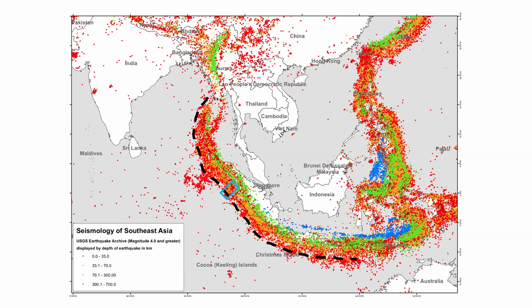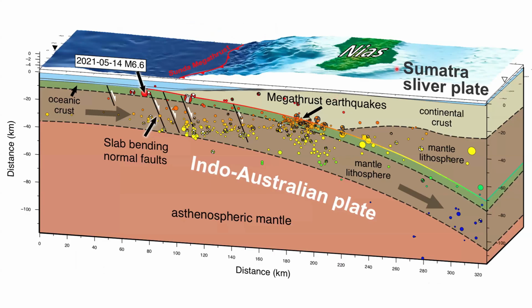I'm going to show you next a little block diagram through the central part of the offshore Sumatra area through my favorite place, Nias Island. This is Nias here on the surface. We can see outboard the subducting plate coming in cross-section. There are earthquakes that are outboard of the trench.